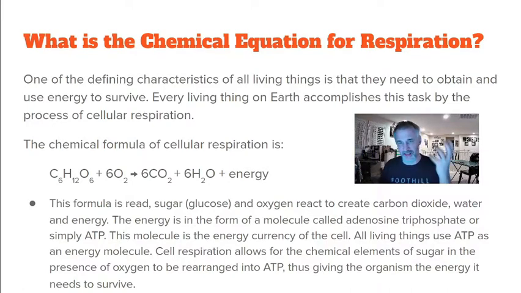So if you take that $20 bill, that glucose molecule, and break it down, you're going to get 20 singles that you can use for various things. All living things use ATP as an energy molecule. Cell respiration allows the chemical elements of sugar, in the presence of oxygen, to be rearranged into ATP, thus giving organisms the energy they need to survive.